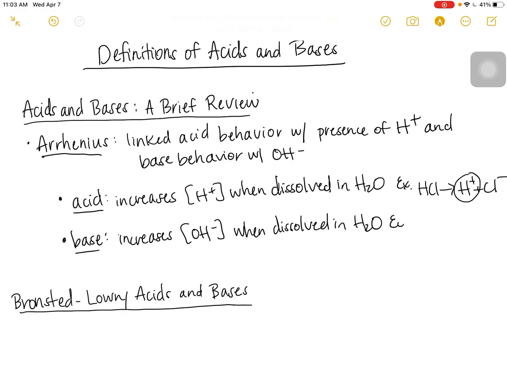And so something like sodium hydroxide, who's a pretty famous Arrhenius base, because upon ionization, hydroxide is produced. So to be an Arrhenius acid, you have to have an H plus, and to be an Arrhenius base, you have to have an OH minus.